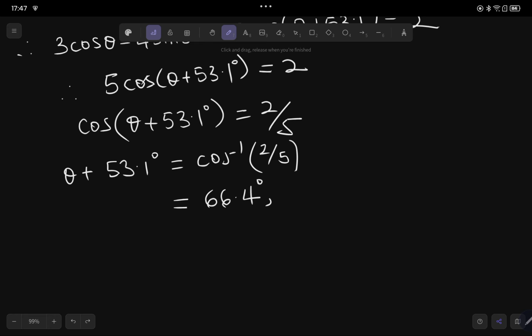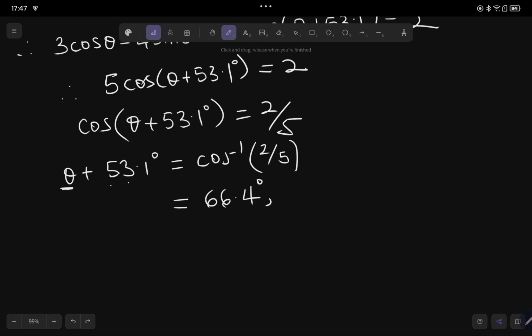That is the acute angle. Again, remember, we have edited our range. Theta was from 0 to 360, which means the range for the whole of this will start from 53.1 and end at 360 plus this. So we are adding this acute angle on both limits.